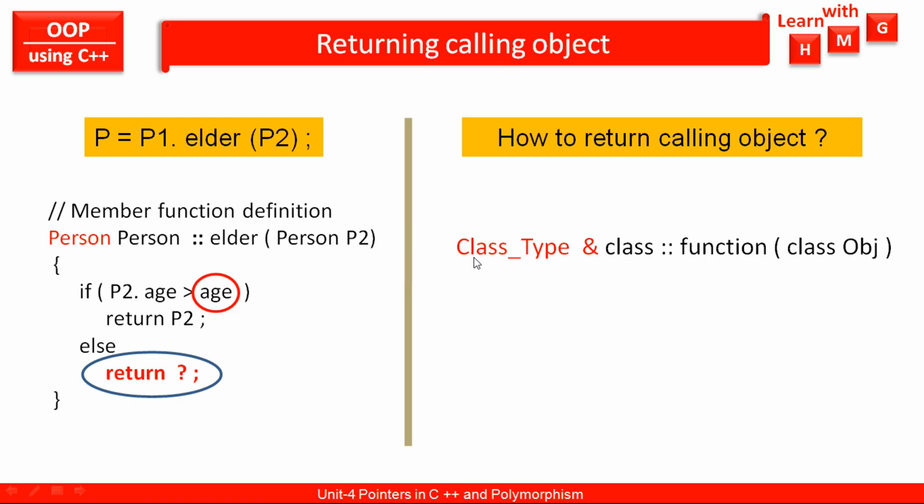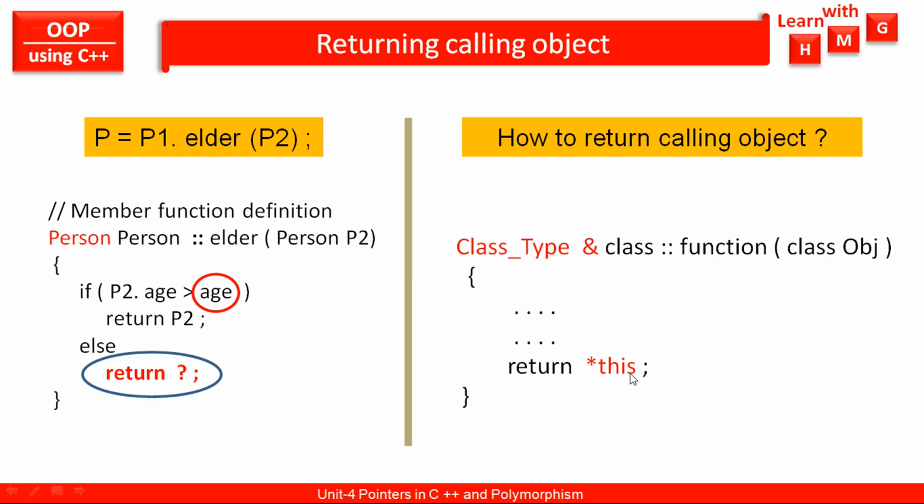Okay, the body of the function will be there, and while returning the calling object you have to write return *this. So now this red color star this indicates that you want to return calling object. Whenever you want to return calling object, your return statement will be like this: return *this.